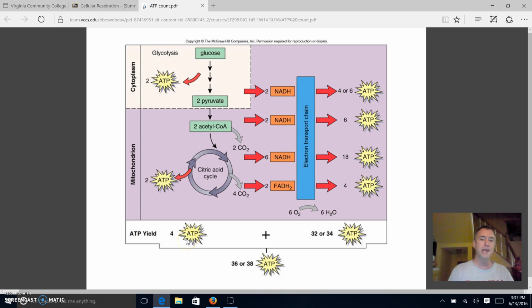Well, that's okay, but that's obviously not where the most ATP is going to come from. So what we need to understand that's more important is that something going on here is causing us to produce a lot more ATP in our final steps. Notice we have 32 to 34 ATP versus 4 ATP.